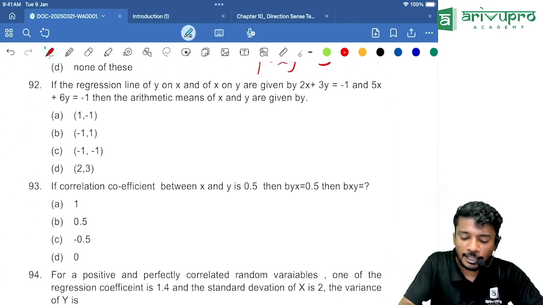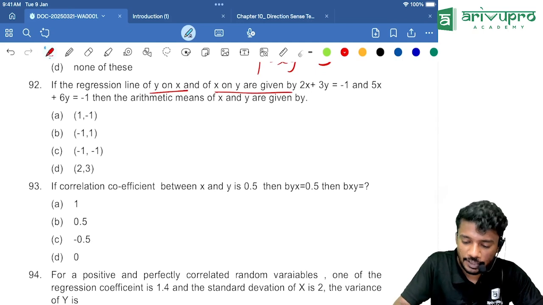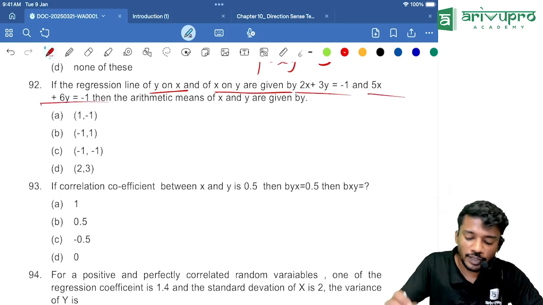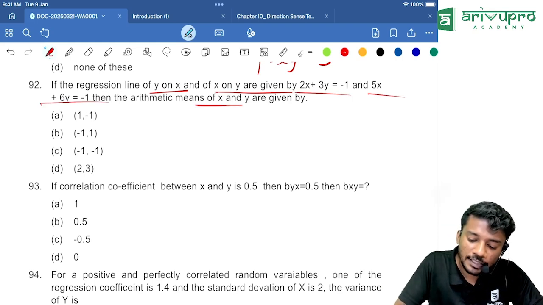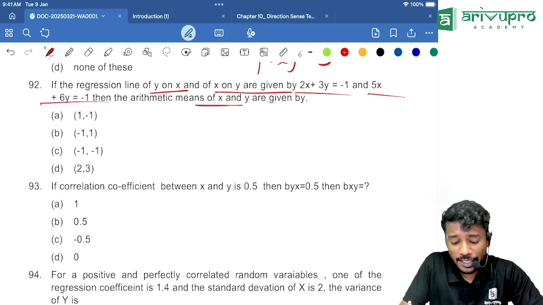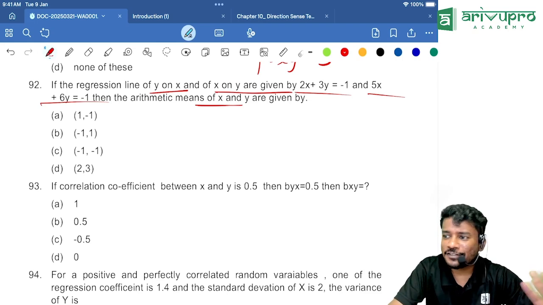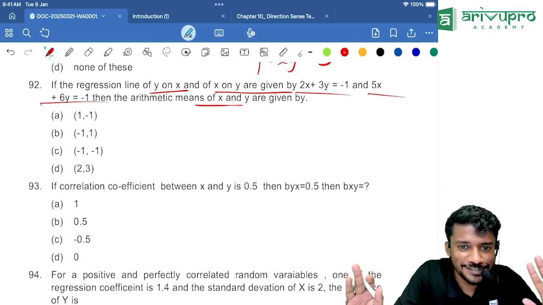If the regression lines of y on x and x on y are given as 2x plus 3y is equal to minus 1 and 5x plus 6y is equal to minus 1, the arithmetic means of x and y are given by what? What is the method I told you? Just substitute the values, whichever satisfies, that's our answer.